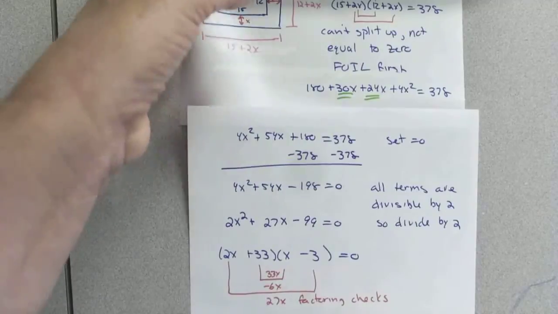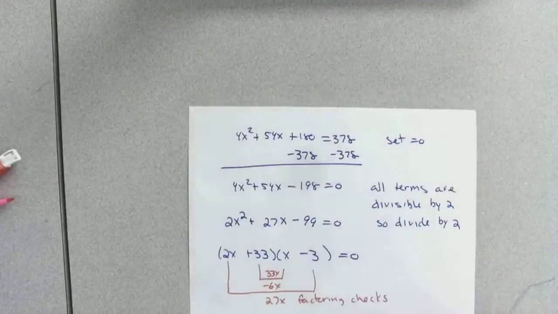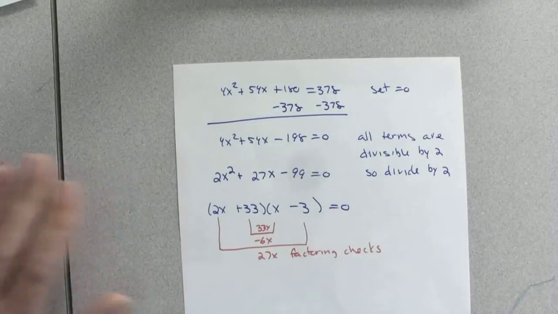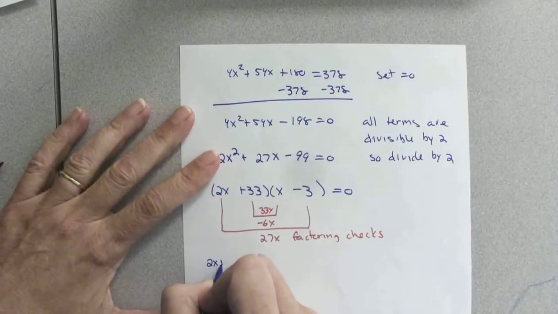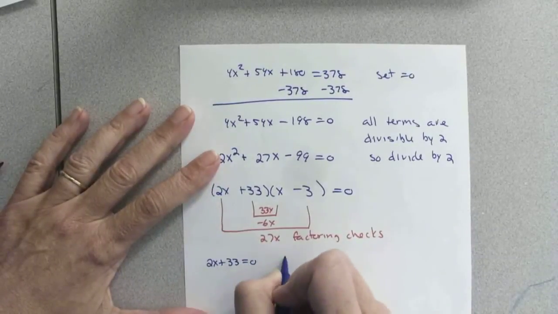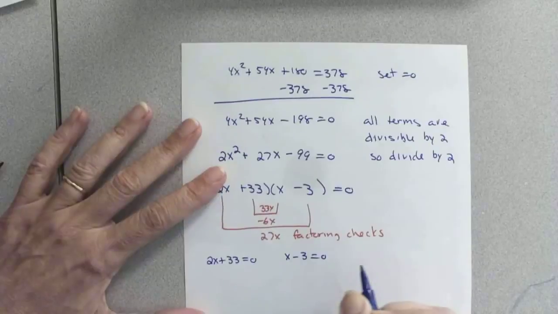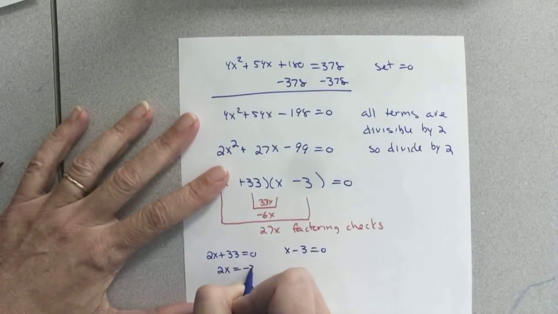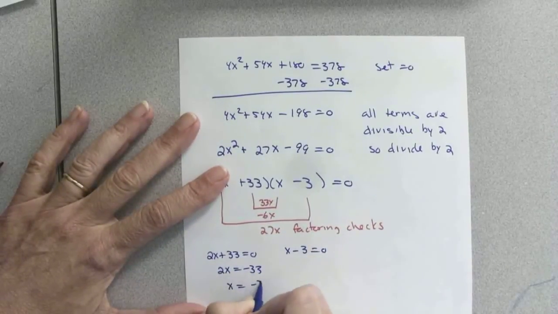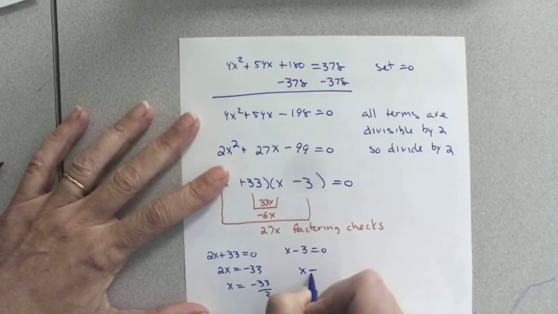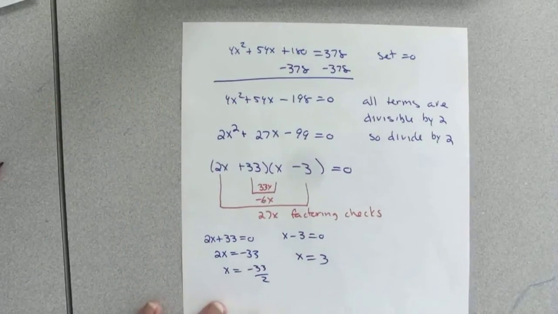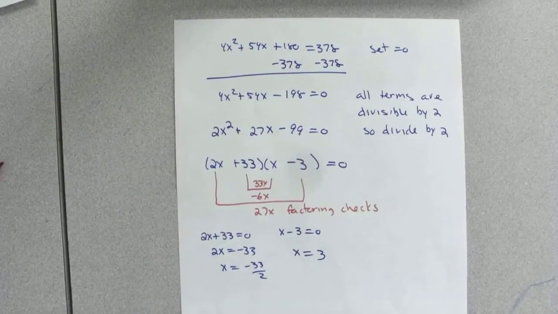Now, like I said, if you don't see the factoring, you can do the quadratic formula. Now it's factored and equal to 0. So 2x plus 33 equals 0. x minus 3 equals 0. 2x equals negative 33. x equals negative 33 halves. Or x equals 3. But let's remember, this was the width of a path.